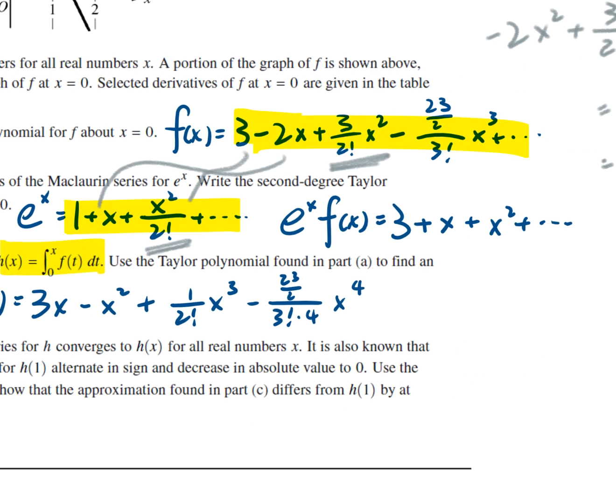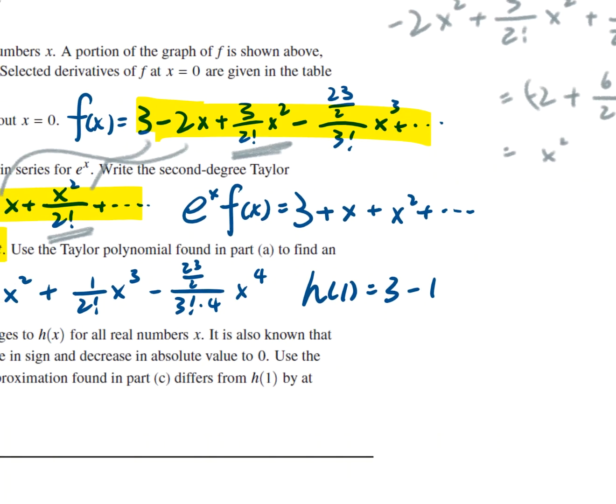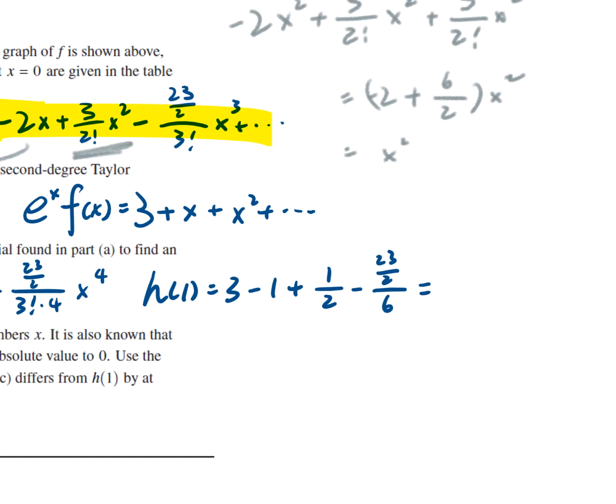Now we plug in x equals 1 into this. So it becomes 3 minus 1 plus 2 over 1 minus 6 over 23, and the whole thing equals 7 over 12.